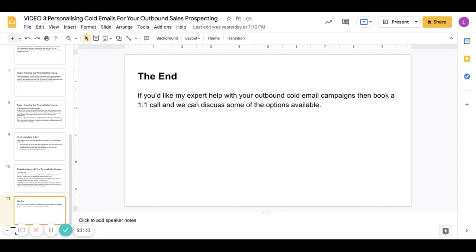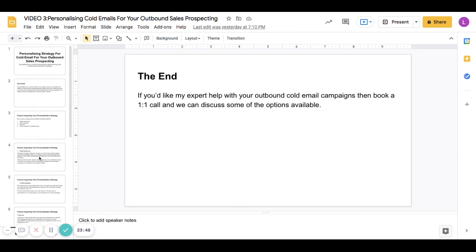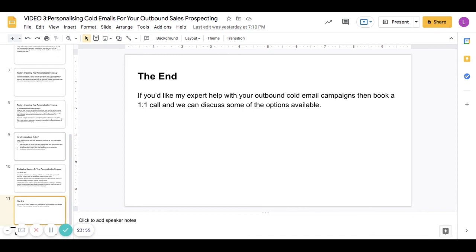So that's pretty much it. We've covered a fair bit. Hopefully that's given you a high-level overview and made you think about personalisation in ways you've probably not thought about before. Like I said, I don't really see people cover the high-level overview of personalisation for cold email. It's always pretty much the tactical stuff.